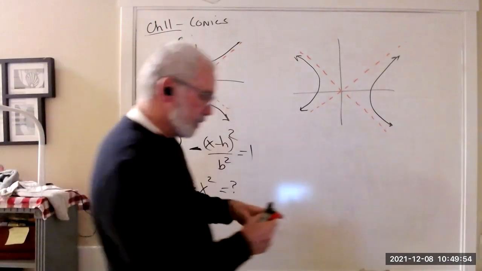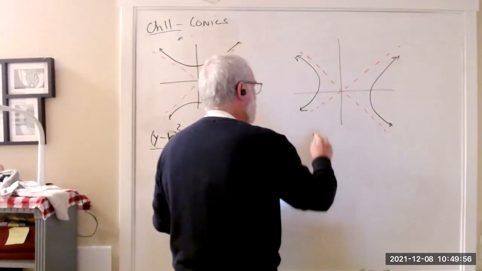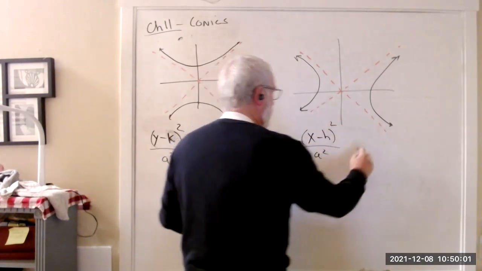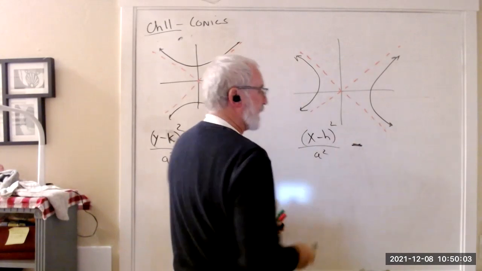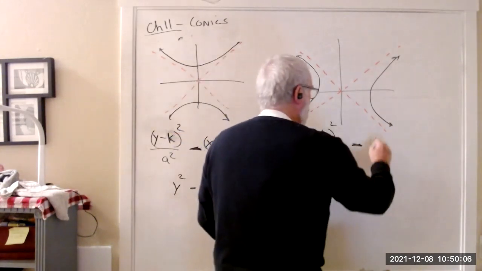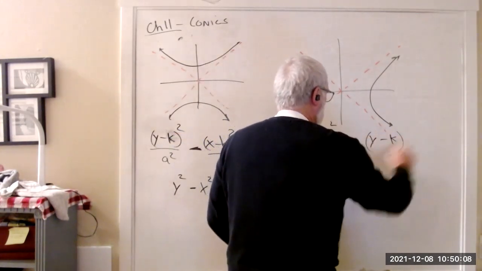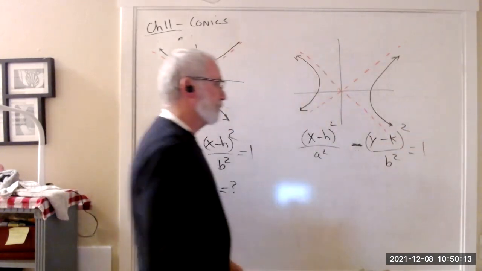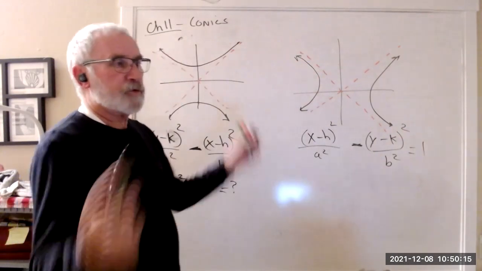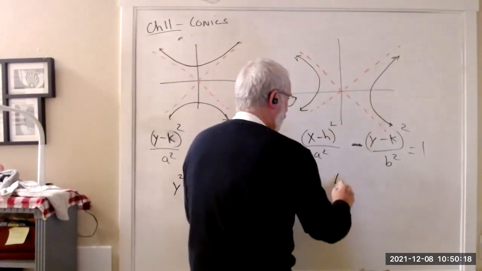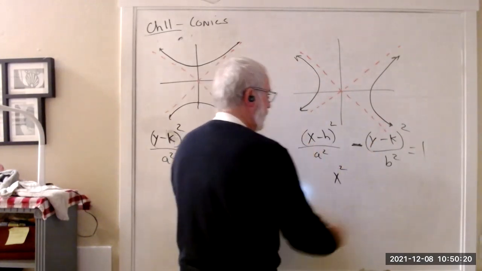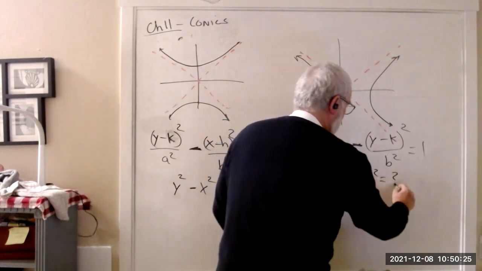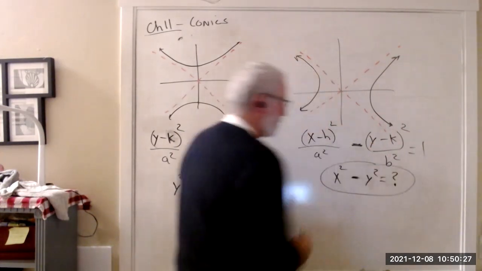If you look over here, the equation for this would be x minus h quantity squared over a squared minus, again, it's a hyperbola, so it has a minus, y minus k quantity squared over b squared equals 1. If you strip away the excess, this just becomes x squared minus y squared equals something.